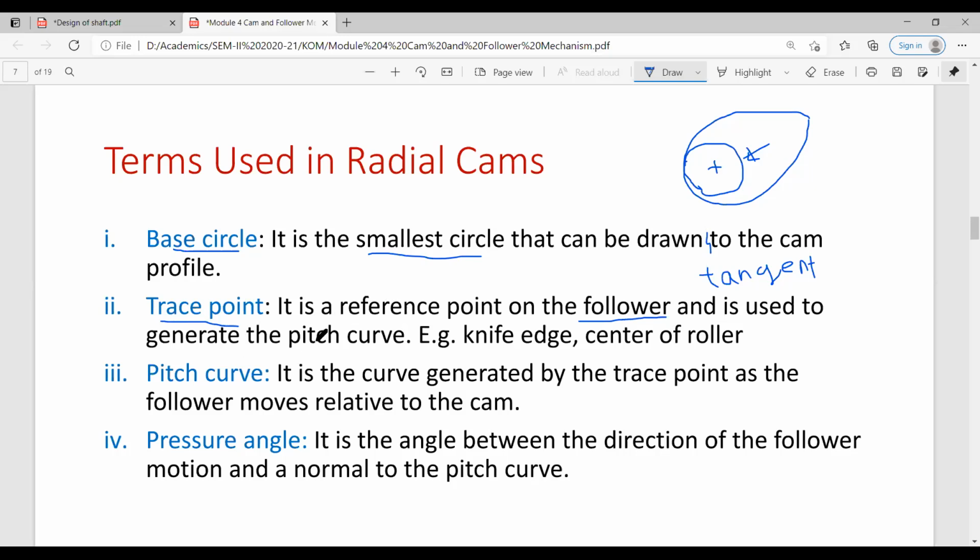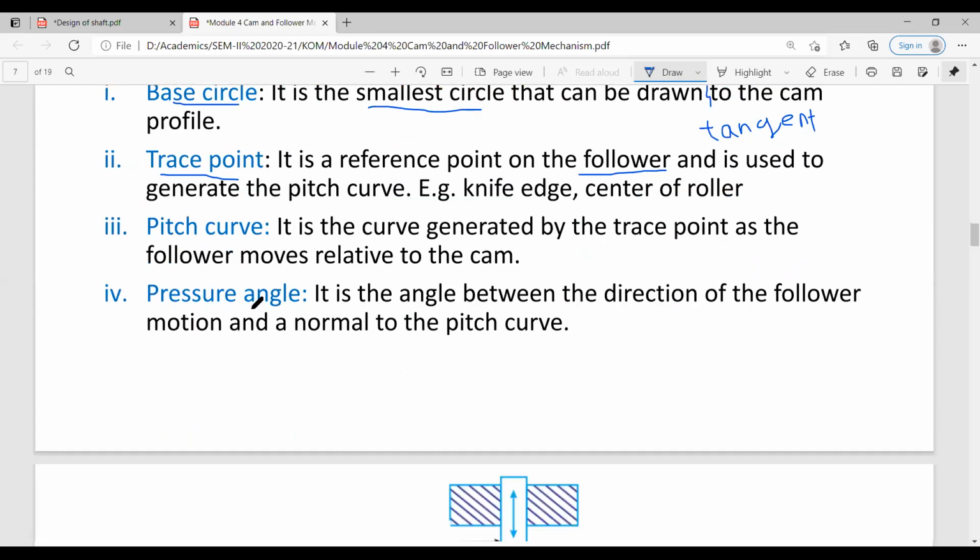First I will tell you the definition of the trace point, then what is the pitch curve. The trace point is a reference point on the follower which traces the shape of the cam profile when the follower is moved around the cam profile and the cam is kept stationary. So I will show you what a trace point is.